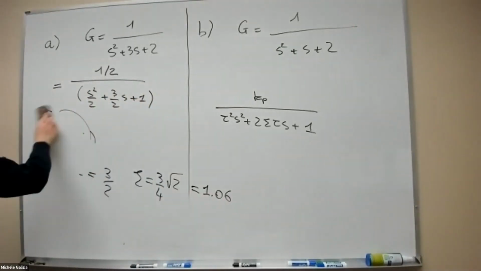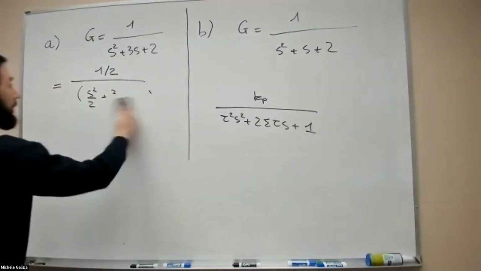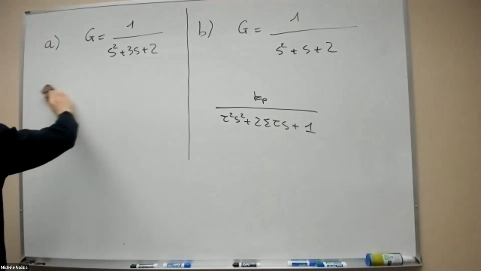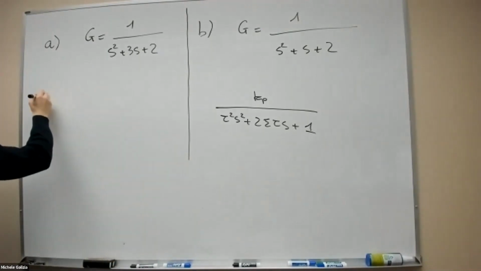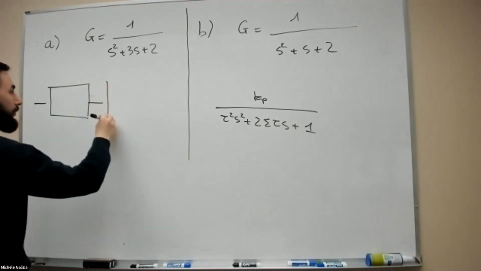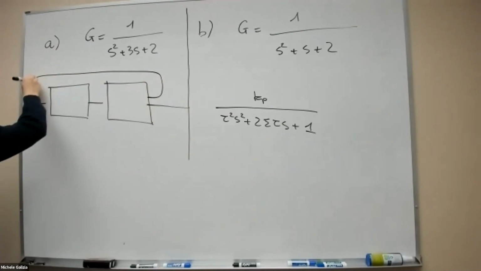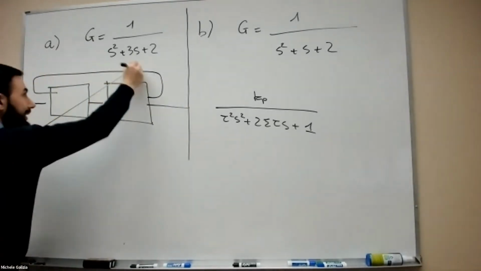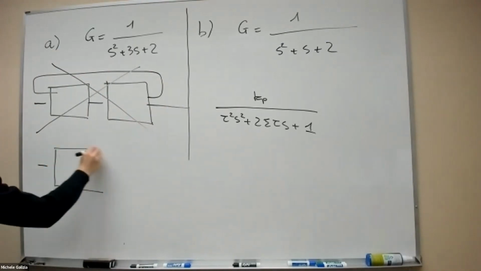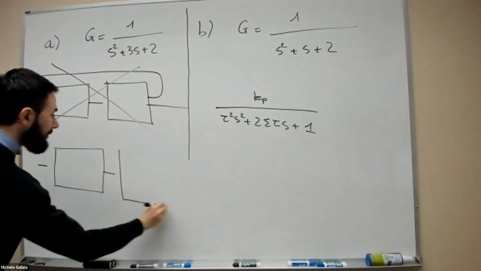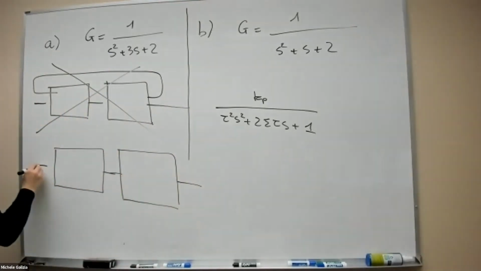So this system is basically the series of 2 first-order non-interacting systems. For sure, our system is not something like this. Our system is something like this, given by the series of 2 non-interacting systems.